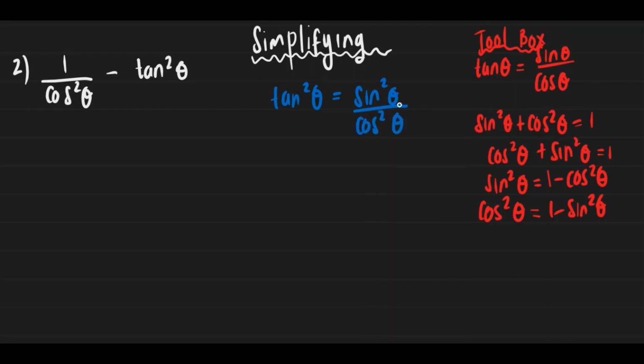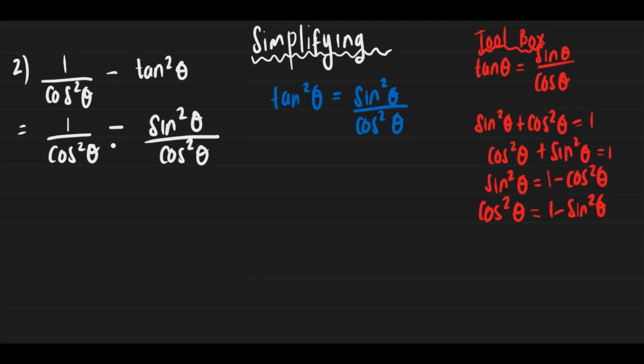So we're going to substitute this here: 1 over cos squared theta minus sine squared theta divided by cos squared theta.